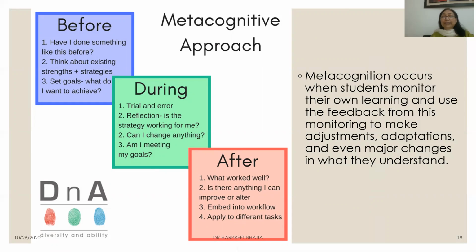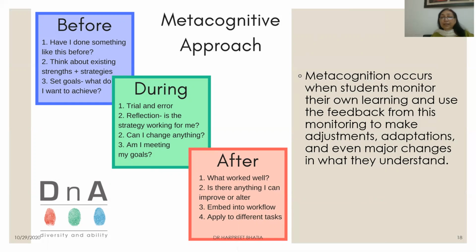They think about their various strengths and strategies that they have employed earlier, and they also assess whether these same strategies are going to be useful in the present situation or not. It's also important for the student to set certain goals: why am I doing this activity? This activity is being done because I want to reach a certain level of learning.